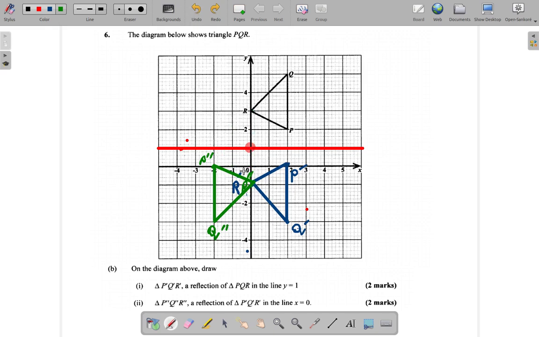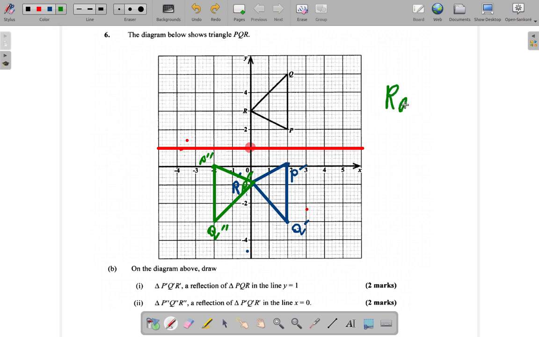So you could rotate triangle P double prime, Q double prime, R double prime around this point 0, 1, and you would get the original triangle PQR.